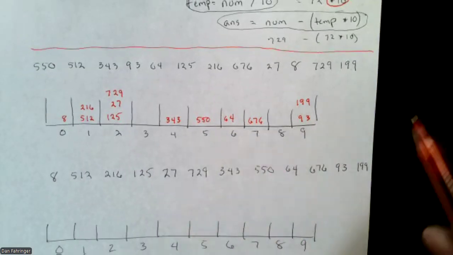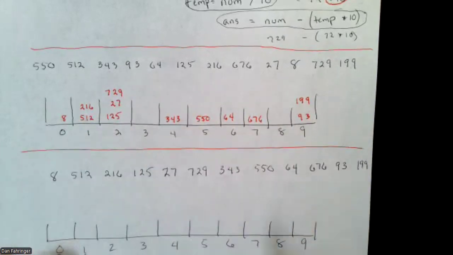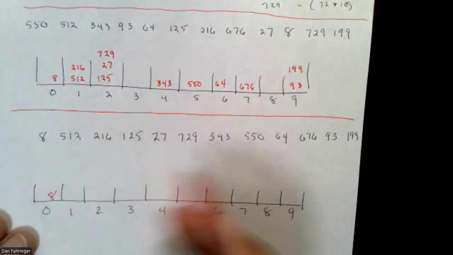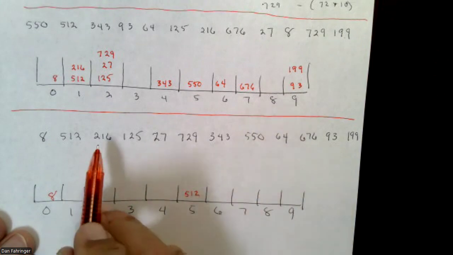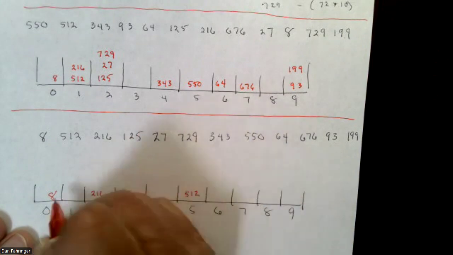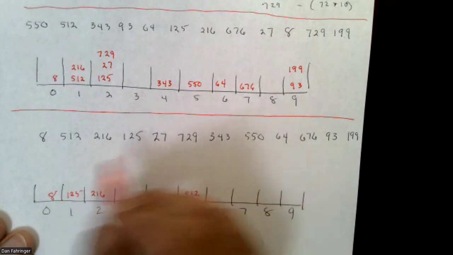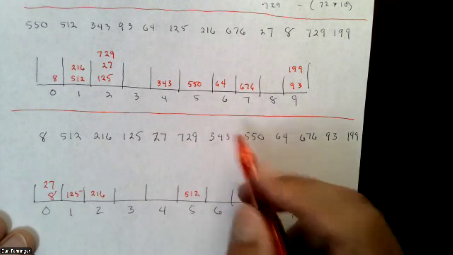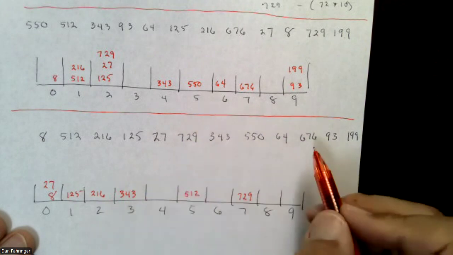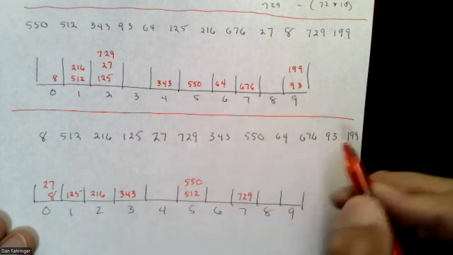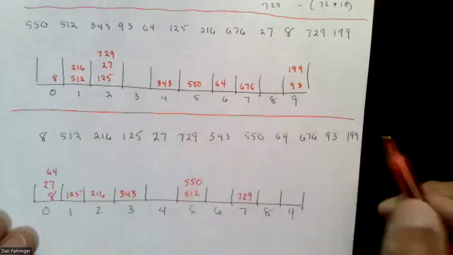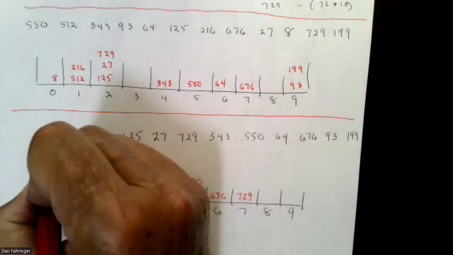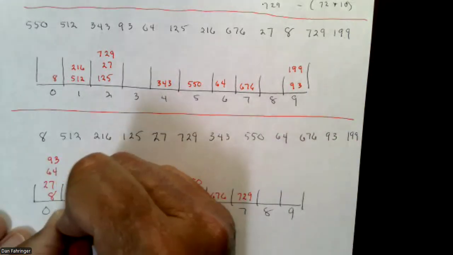Now I'm going by the hundreds. 8, 5, 2, 1, 0, 7, 3, 5, 0, 6, 0, and 1.